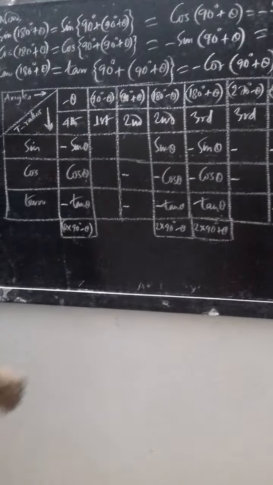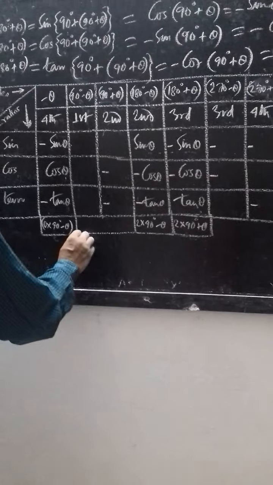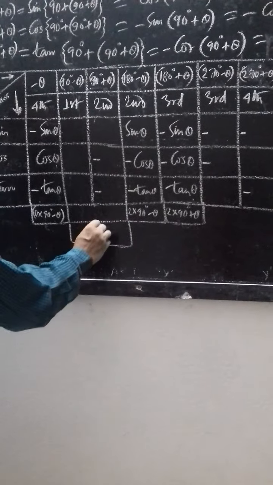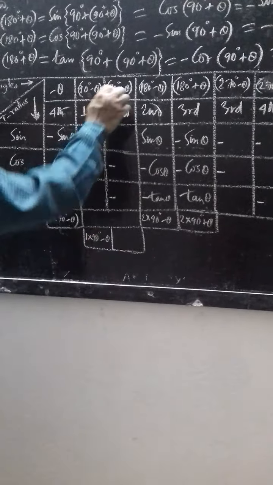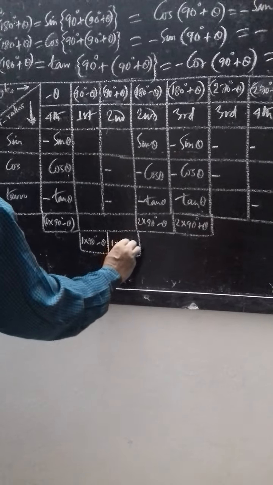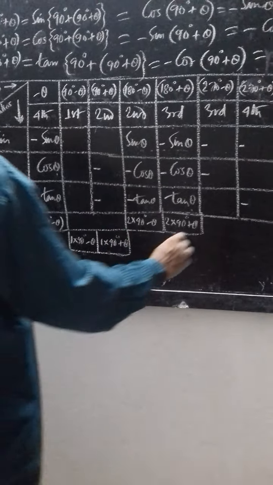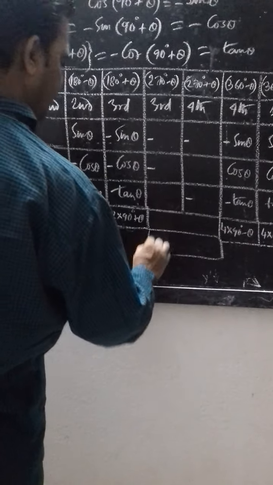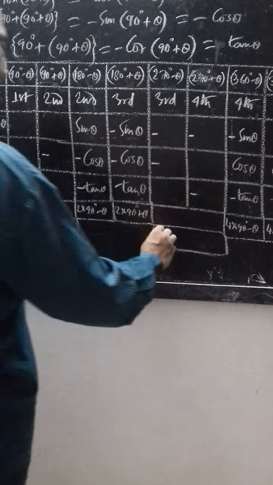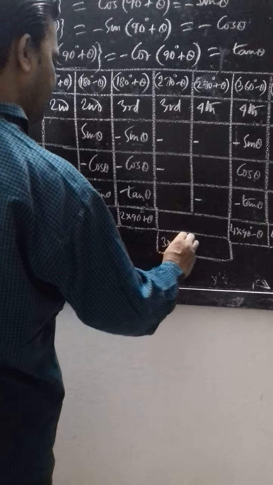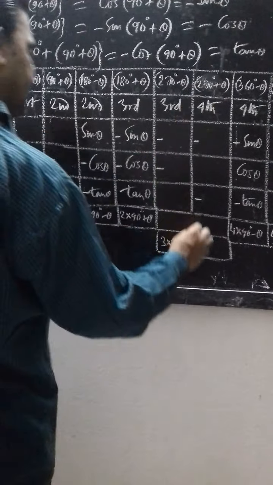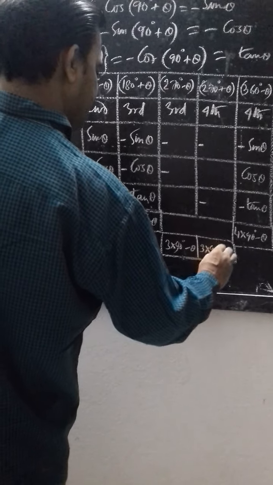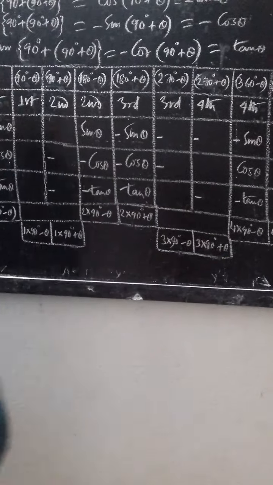Now look here. This angle can be written 1 into 90 degree minus theta. This can be written 1 into 90 degree plus theta. This angle 3 into 90 degree minus theta. This can be written 3 into 90 degree plus theta.